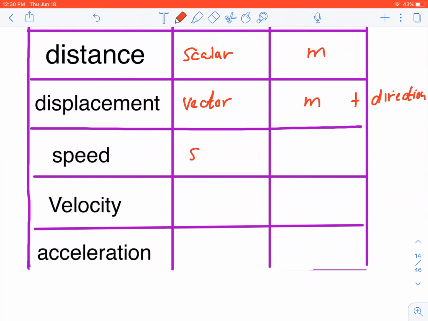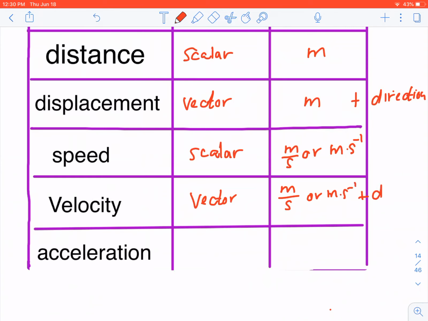Speed is a scalar, and the unit of speed is meter per second, and there's no direction. Velocity is a vector, and it's measured in meters per second, or meter s minus 1. Then we say plus a direction.